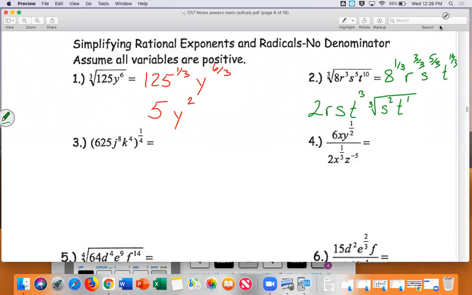All right, I put my remainders in the house. Carlana, you okay with that? 3 went into 5 one time. That came out. There were 2 left over. That's why it's 2. Okay? And we were taking cube roots. Okay?